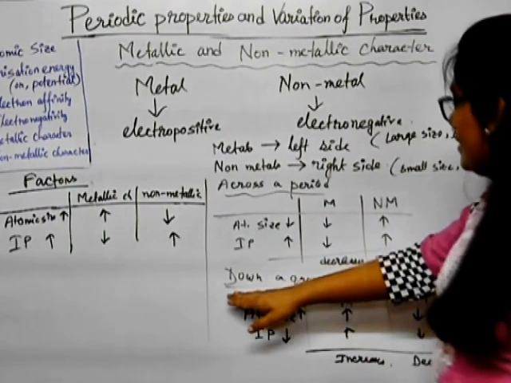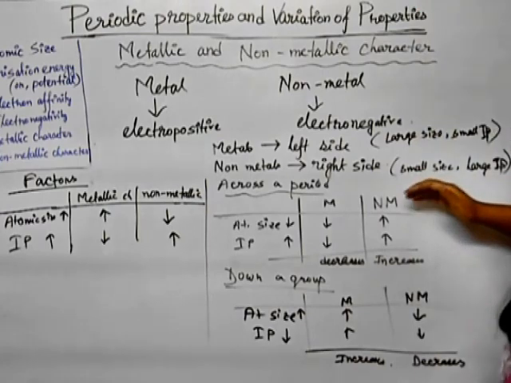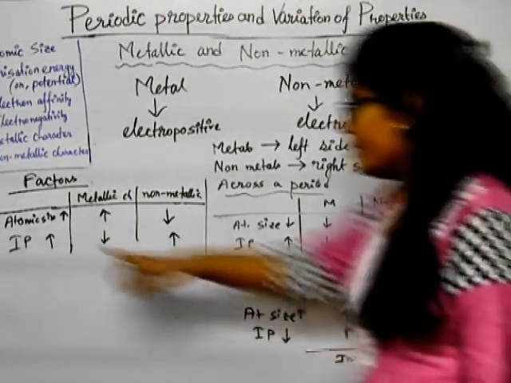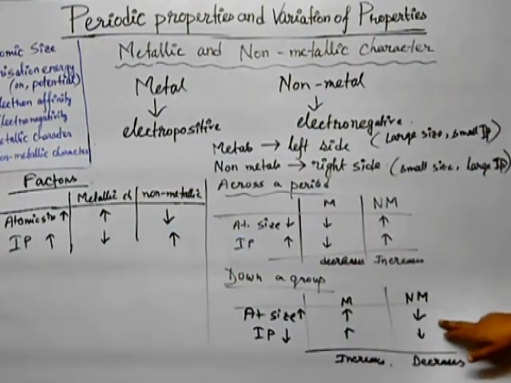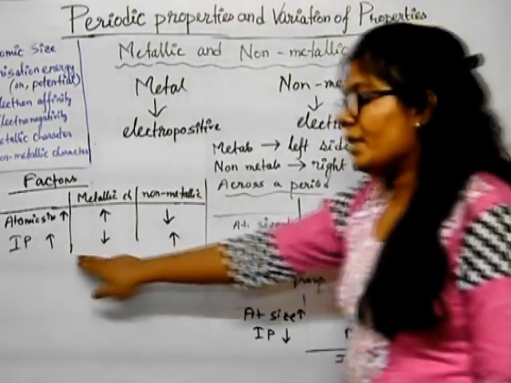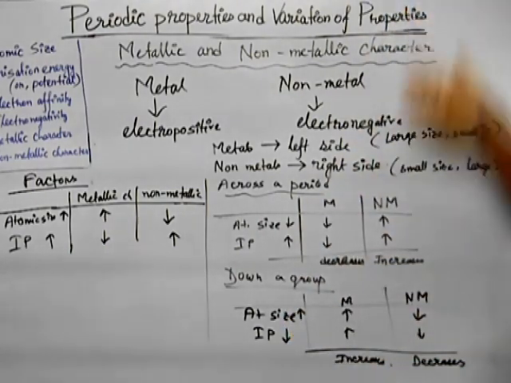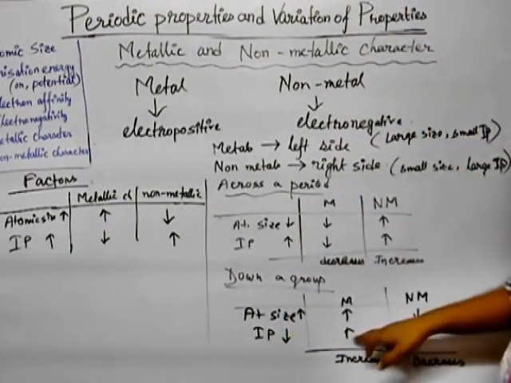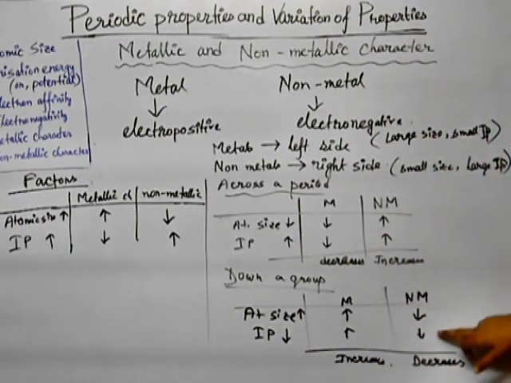Let's see down a group. Down a group, atomic size is increasing, so metallic character is also increasing, and non-metallic character is decreasing. In case of IP, from top to bottom down a group, IP is decreasing, so metallic character is increasing and non-metallic character is decreasing.